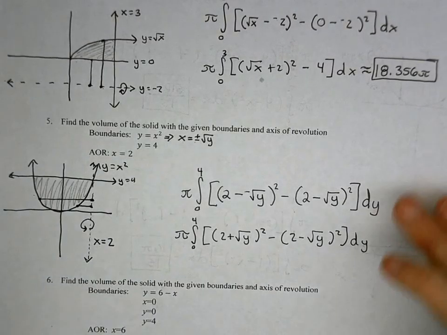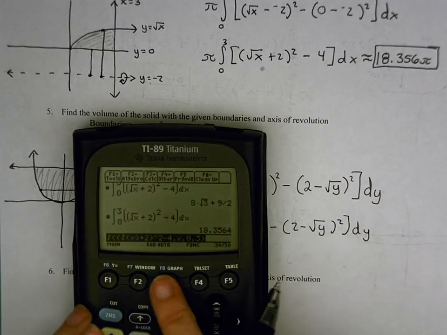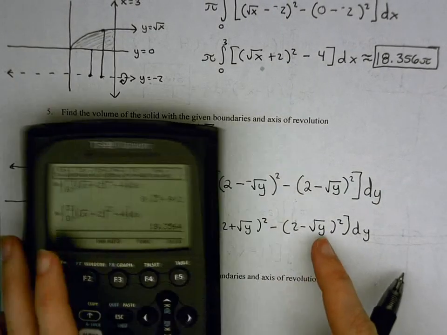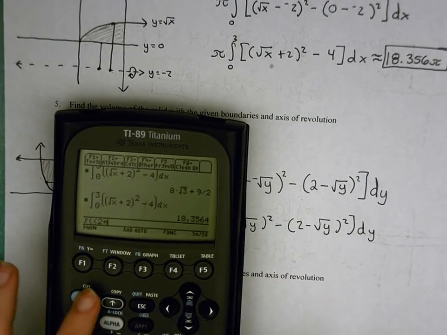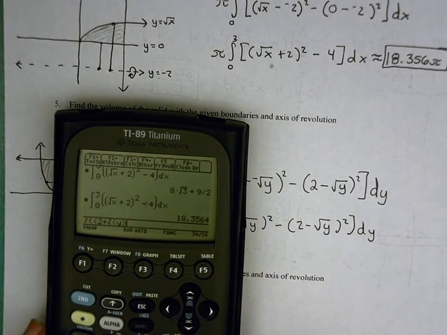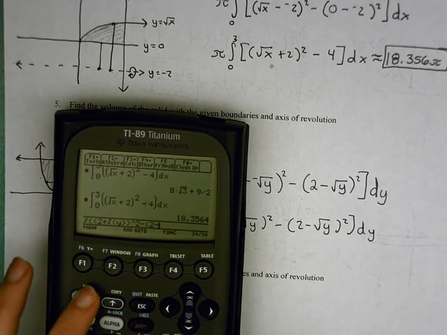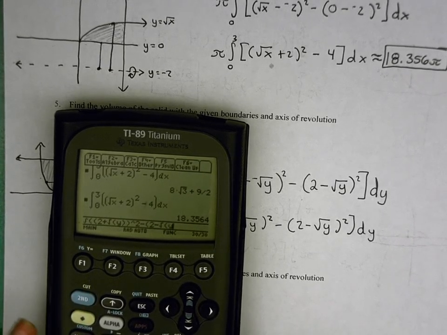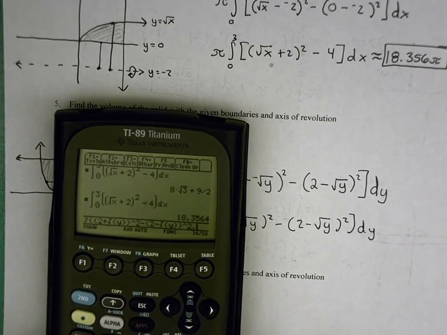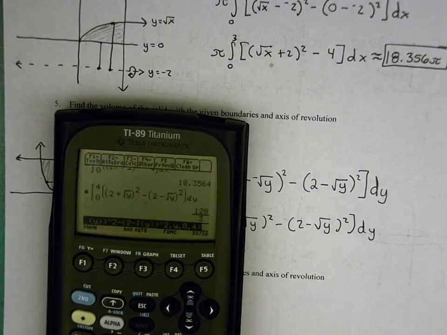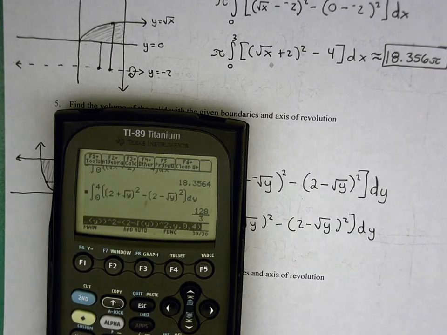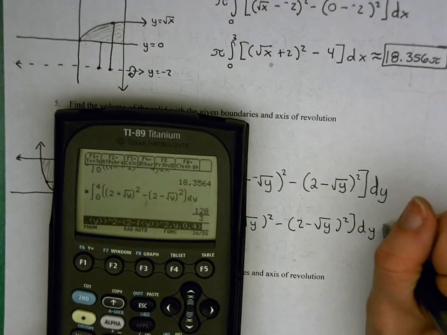Okay, so then we plug it into our calculator: 2 plus square root y squared minus 2 minus square root y squared dy from 0 to 4. We should get 128 pi over 3.